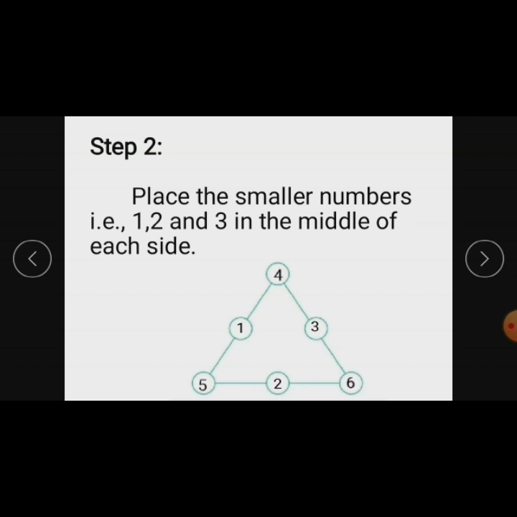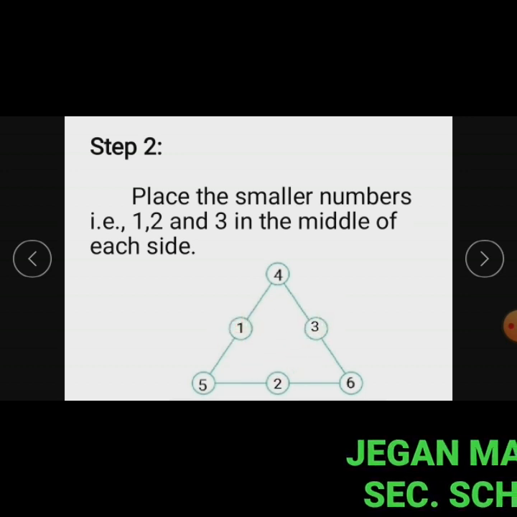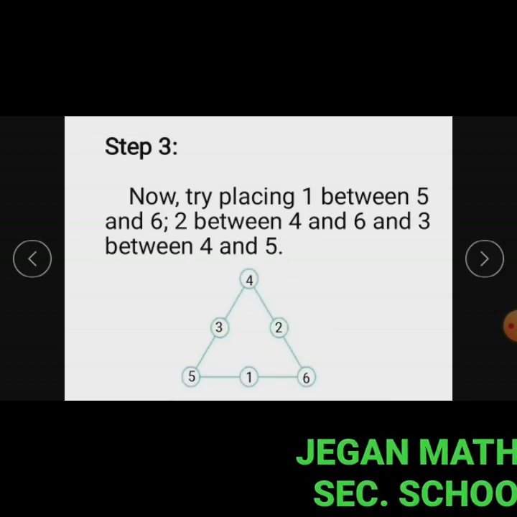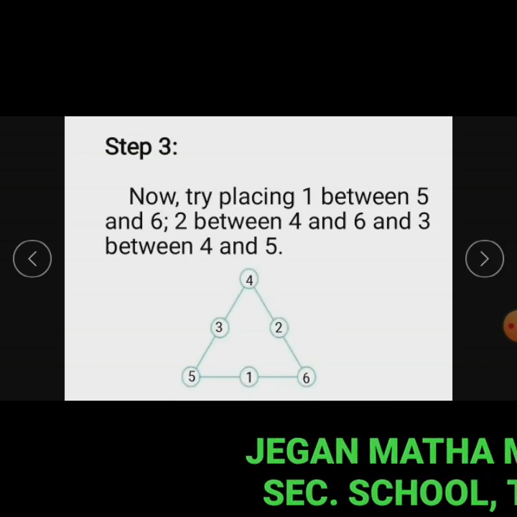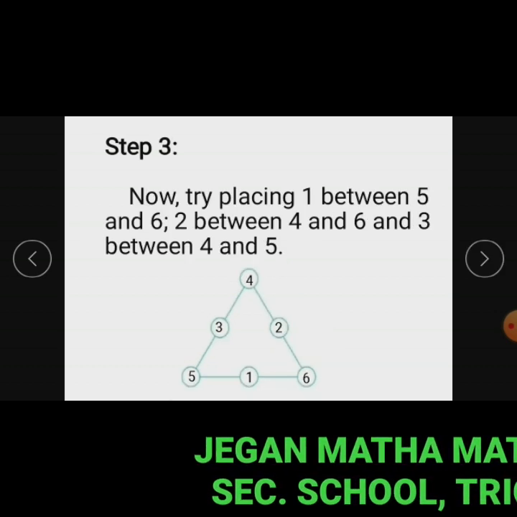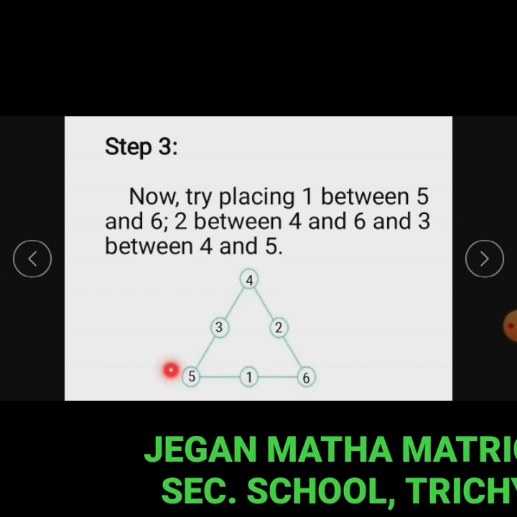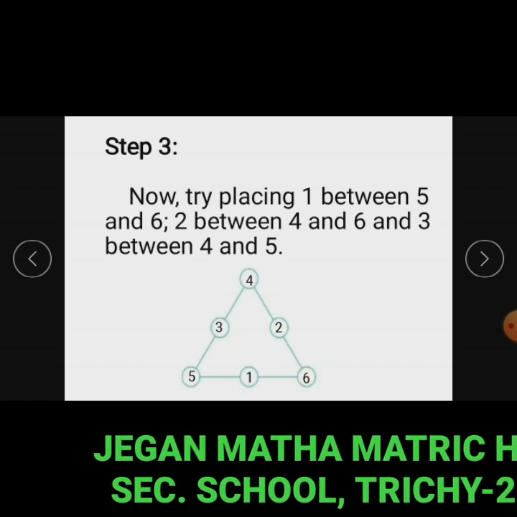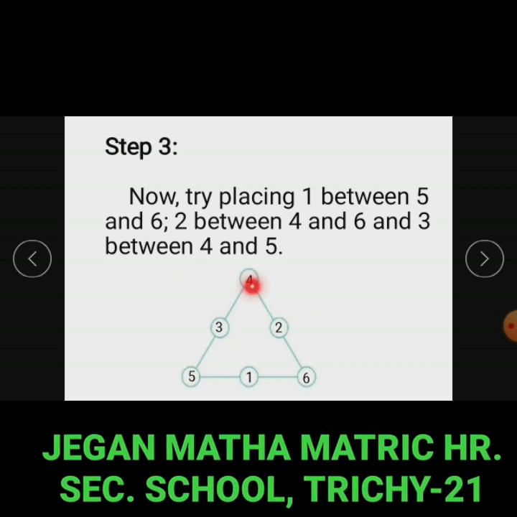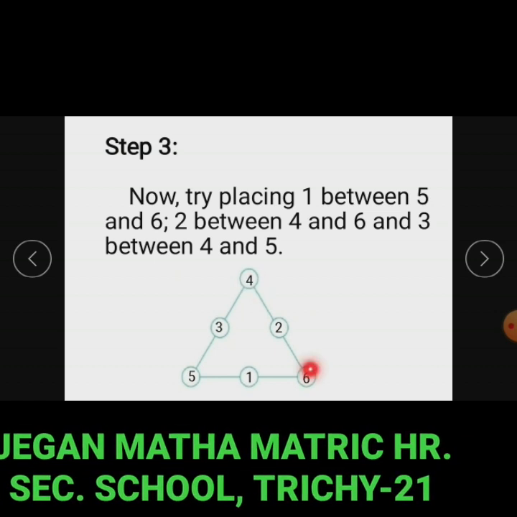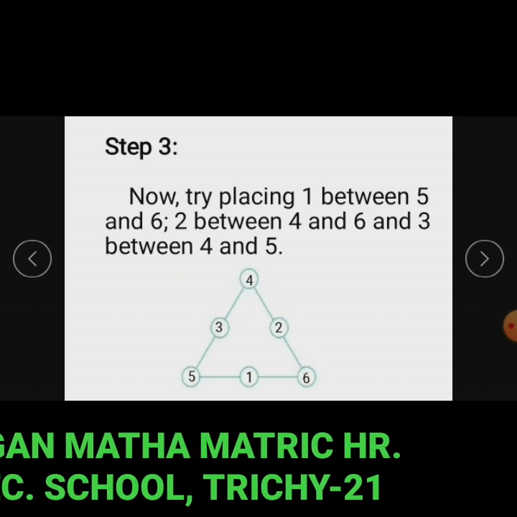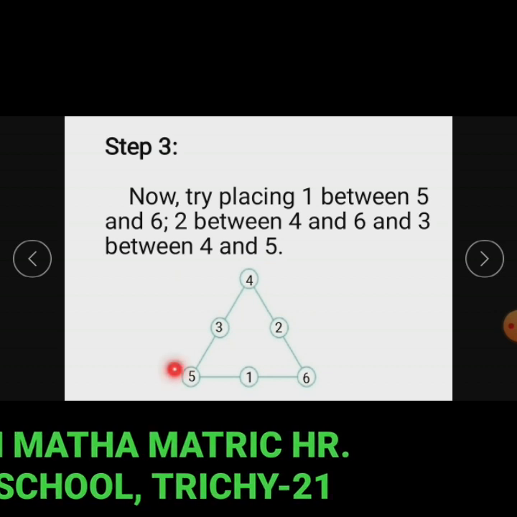Place the smaller numbers, that is 1, 2 and 3, in the middle of each side. Step 3. Now try placing 1 between 5 and 6, 2 between 4 and 6, 3 between 4 and 5.